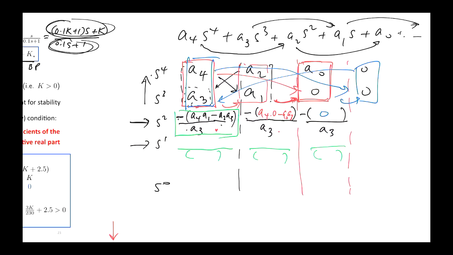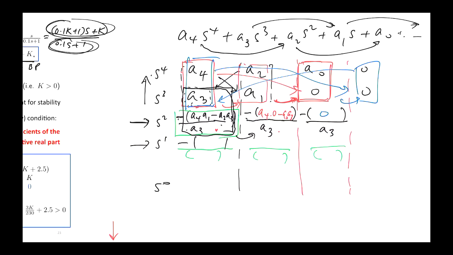That's what goes on the bottom here. And then what goes on the top is again minus the determinant of a 2 by 2 matrix built from the 2 rows above. The first column will always be this. And the second column will come from one position to the right.